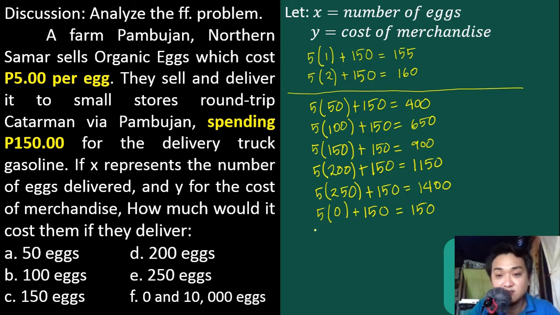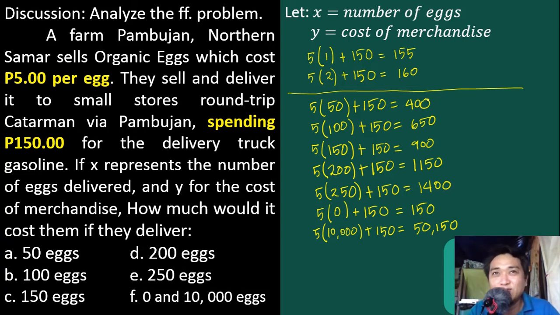So 5 times 10,000 plus 150. So that is equivalent to 50,150. So I hope at this point in time, nakikita nyo po na meron tayong pattern.